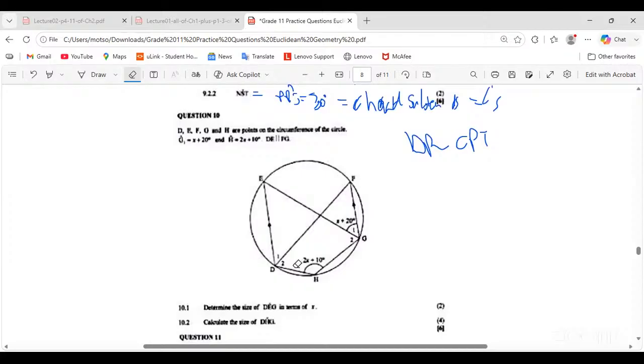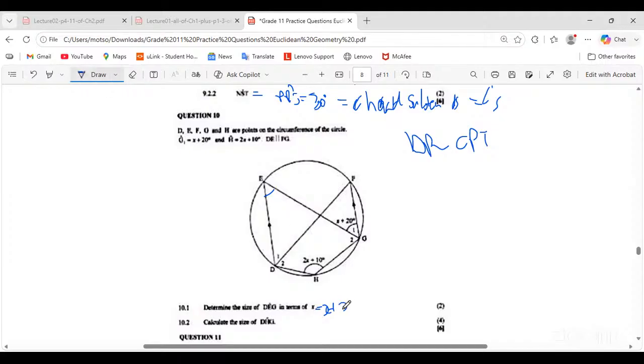Now, question 10.1, we are required to find the size of angle DEG in terms of x. DEG. Oh, we said DEG is equal to angle G1. So DEG is going to be equal to x plus 20 degrees, not 26, but 20 degrees.